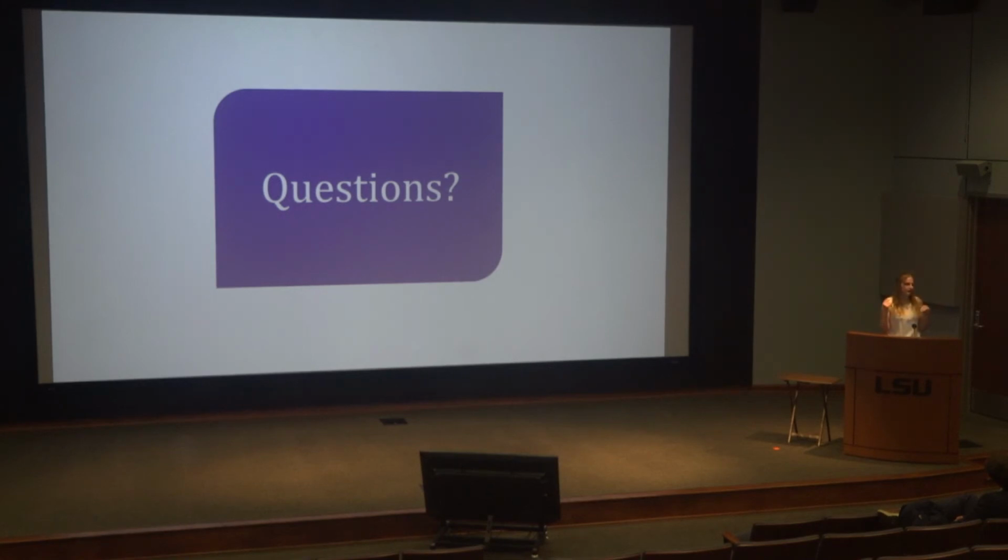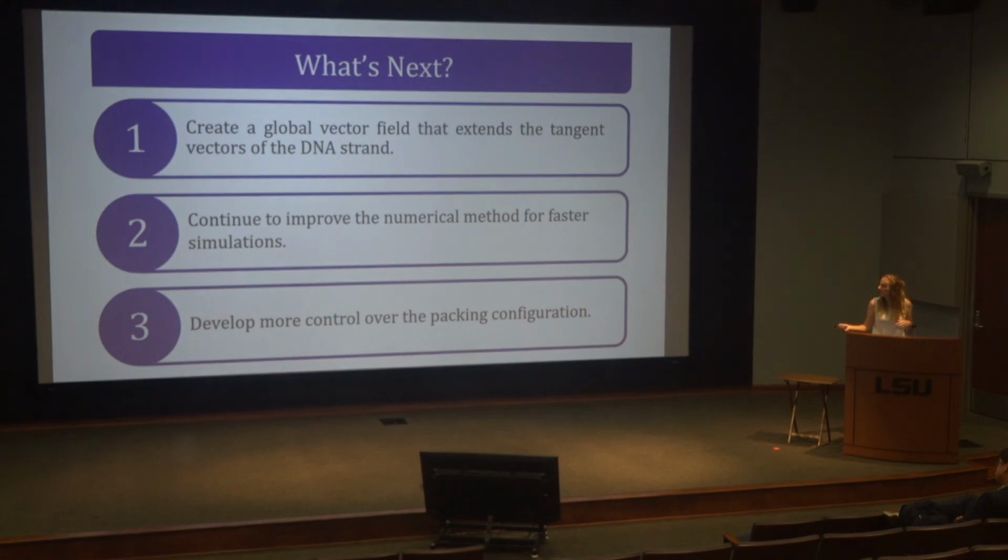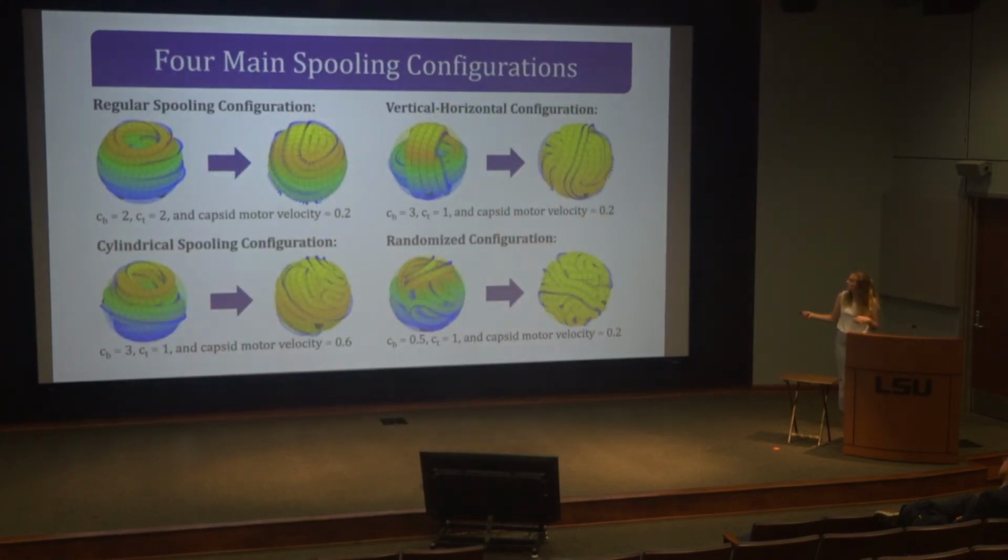Something we would like to do, though I'm not sure I'll be able to, because the simulation I want to run is probably going to take 12 plus hours, is go a little bit past that point. For these simulations right here, it's about 70 to 75% packed, and you really don't get packed until you're about 80 to 85%.